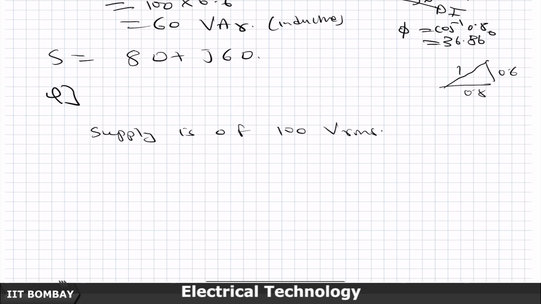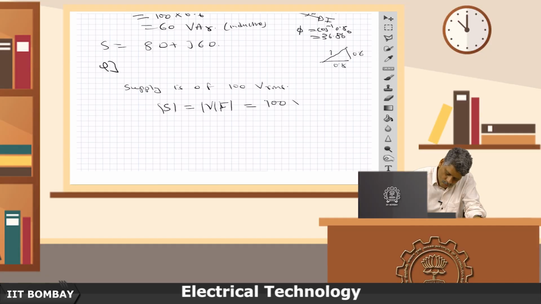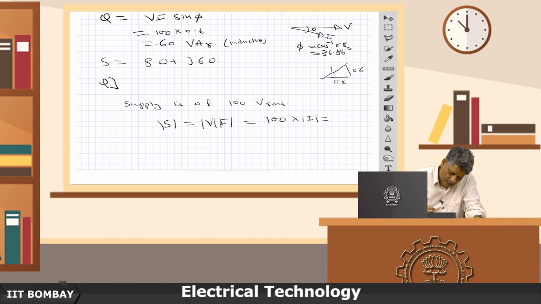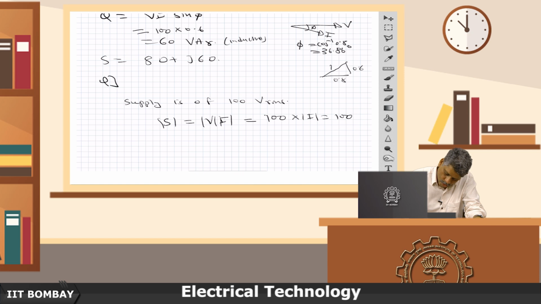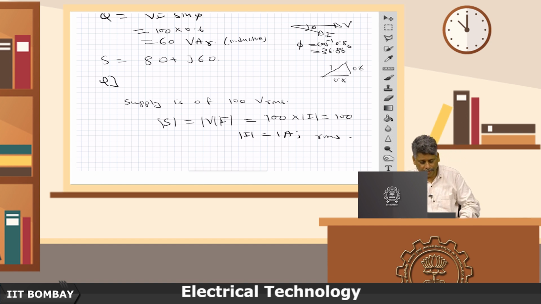So, if S is V times I, mod of V into mod of I is therefore 100 into mod of I, and my apparent power S is also 100. So therefore, the current which it is going to draw is 1 ampere, again the RMS value.